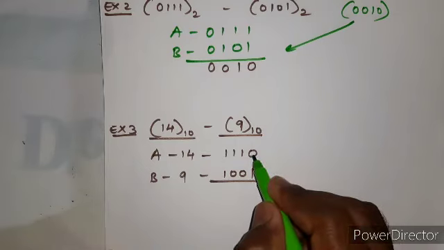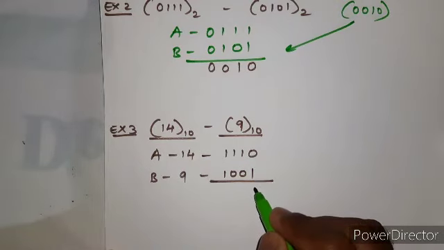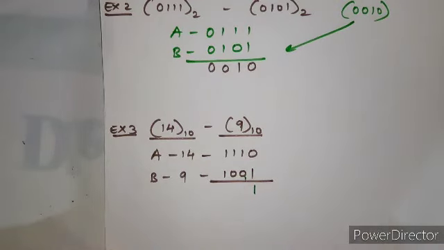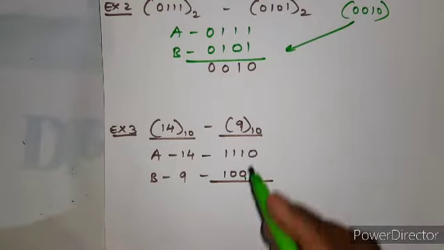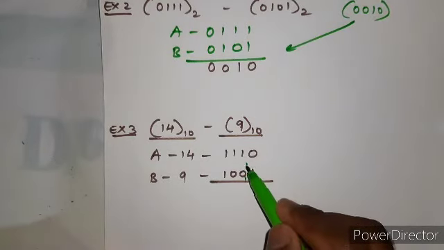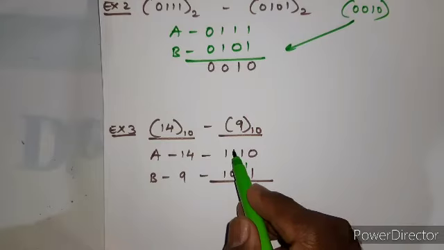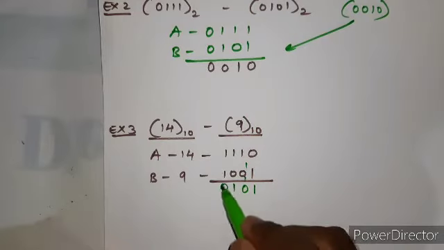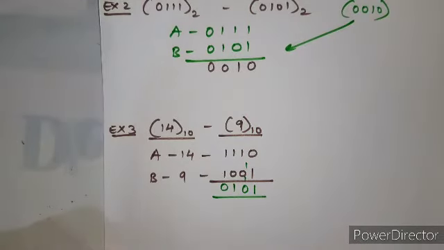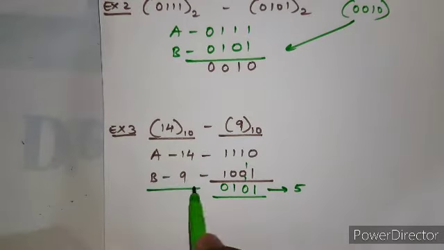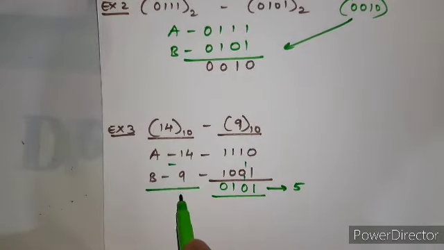So 0 minus 1, difference is 1, borrow is 1. 1 minus 0 is 1, 1 minus 1 is 0, then this is 1, and then this is 0. So this is 5. 14 minus 9 is 5, so we are absolutely getting this result.